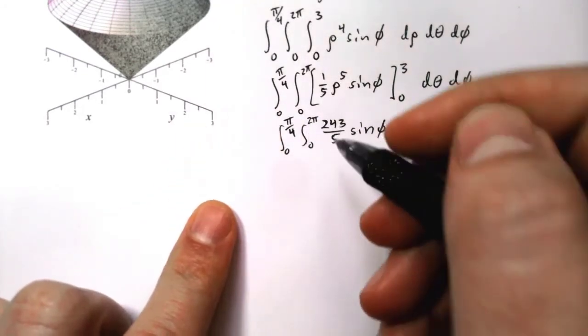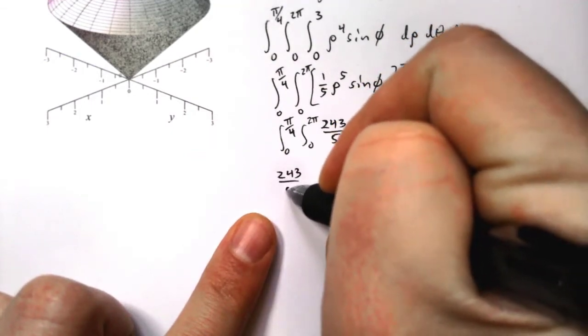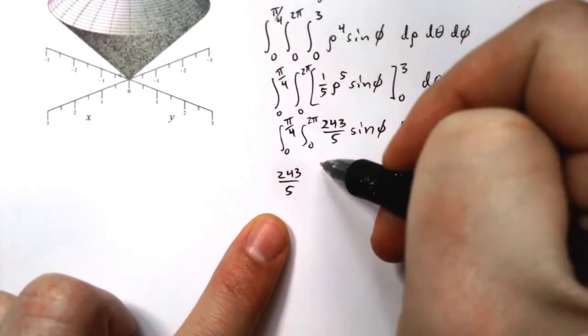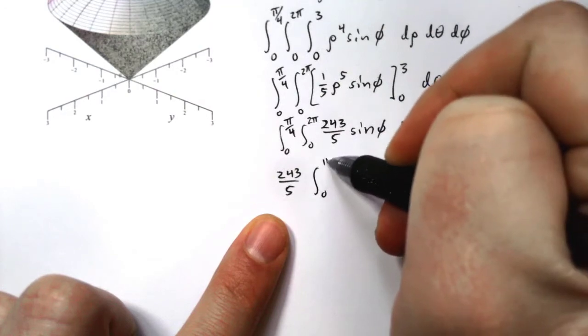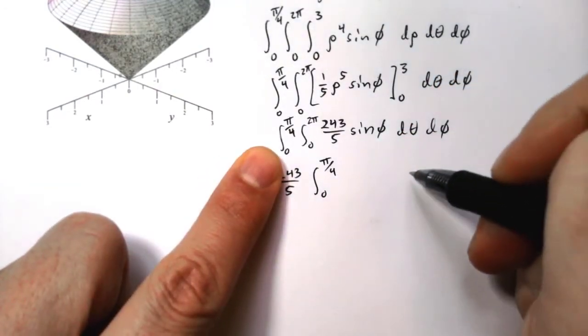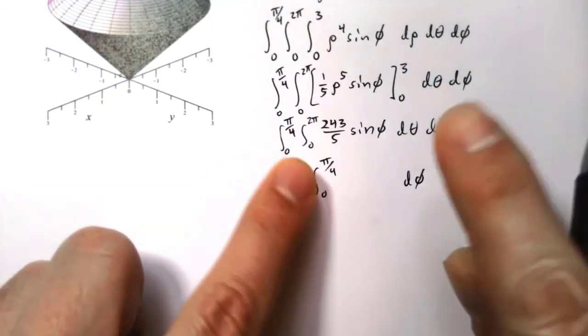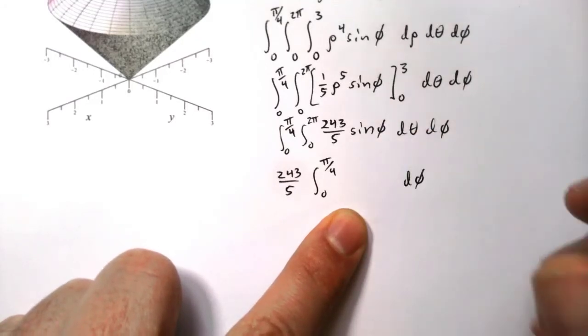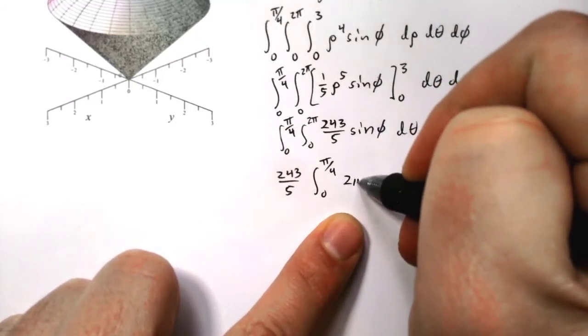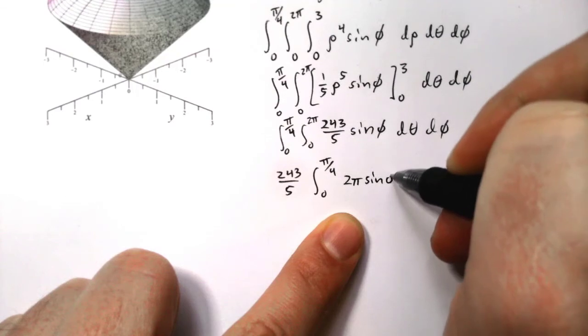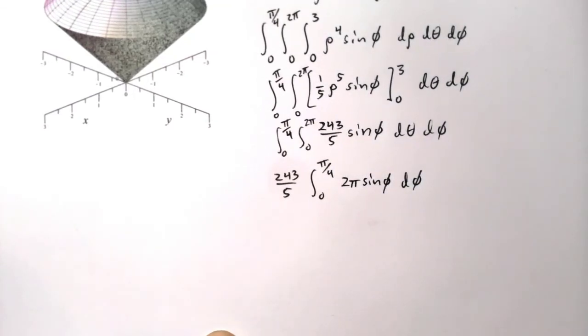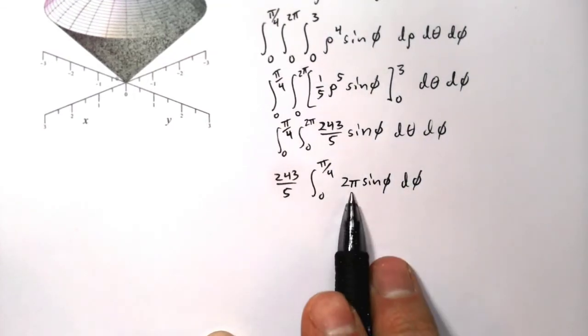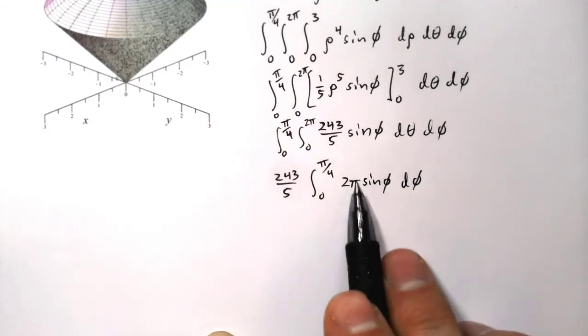Right, so I'm going to have 243 over 5. I pulled that on the outside. And then I'm going to have this integral left over with respect to d phi. And then we said that the integral with respect to theta is just 2 pi sine phi. All right, let's pull the 2 pi outside and then just do this integral.